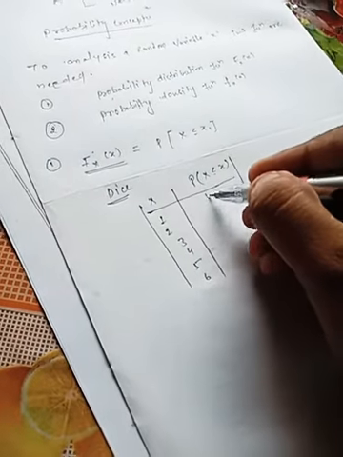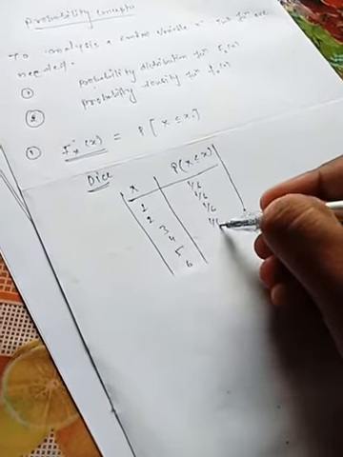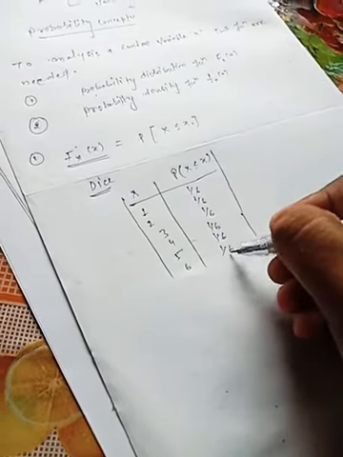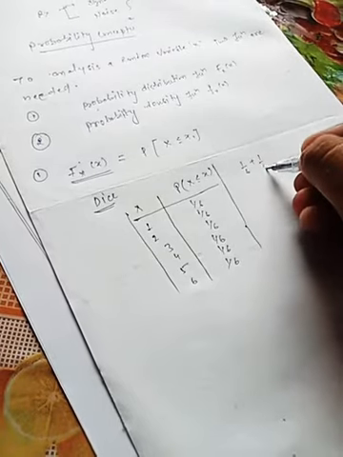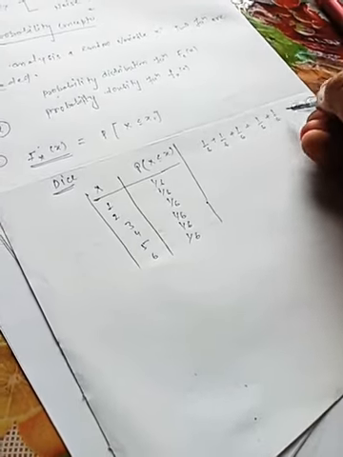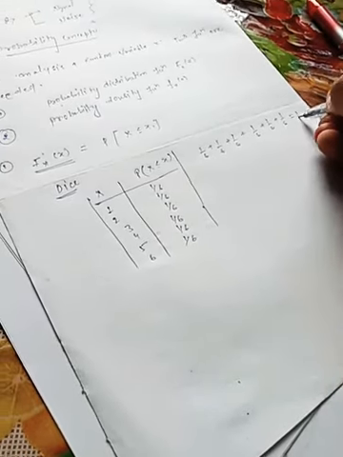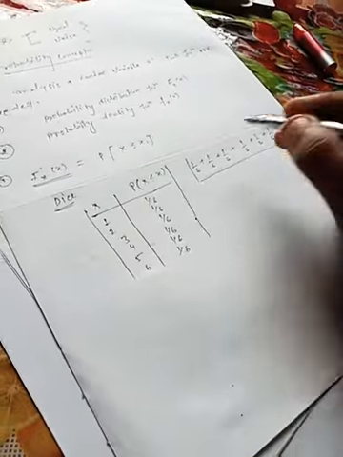Then probability 1 by 6 for each. That means 1 by 6 plus 1 by 6 plus 1 by 6 plus 1 by 6 plus 1 by 6 plus 1 by 6 is equal to 1. Probability total is always 1, we know.